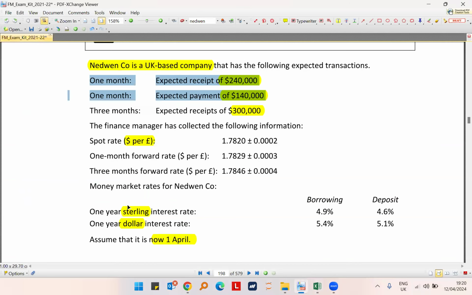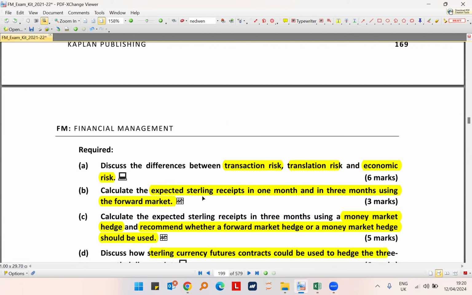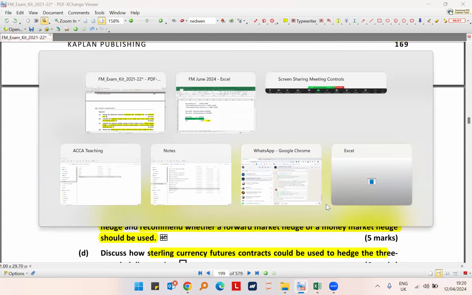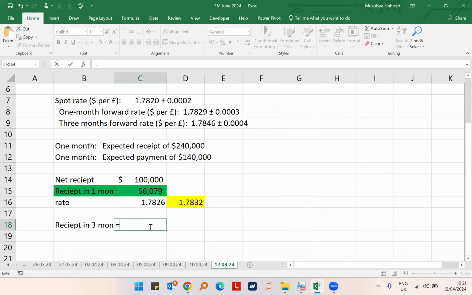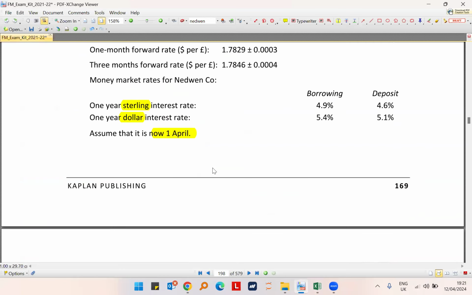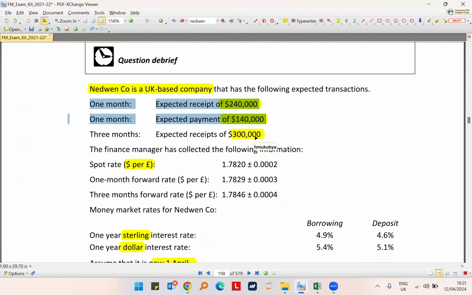Now they also asked us to find the receipt in 3 months. I don't have to go back to the earlier steps. Remember that in 3 months, we are going to receive 300,000.